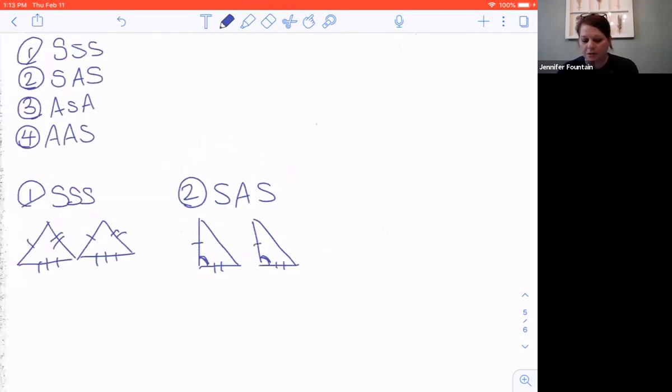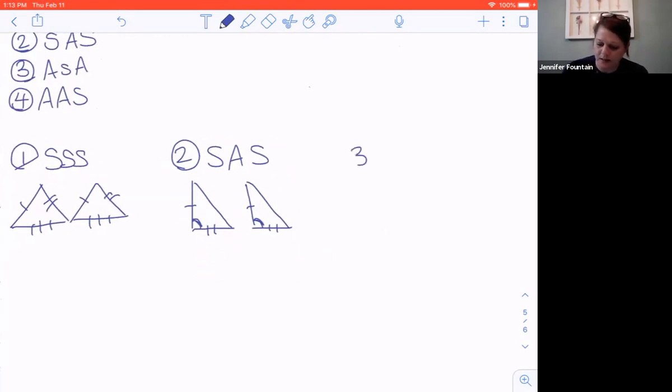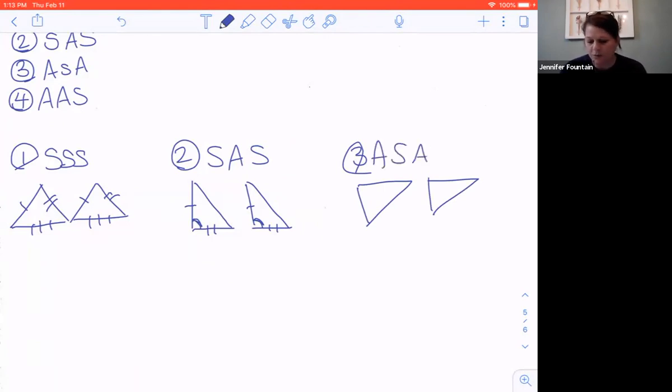All right, our third one we're going to look at is angle, side, angle. So let's see, I'm going to go like this. That's not good. And again, they don't have to be exactly perfect. But now I'm doing angle, side, angle.